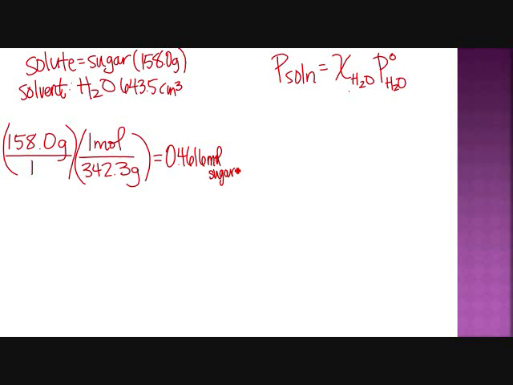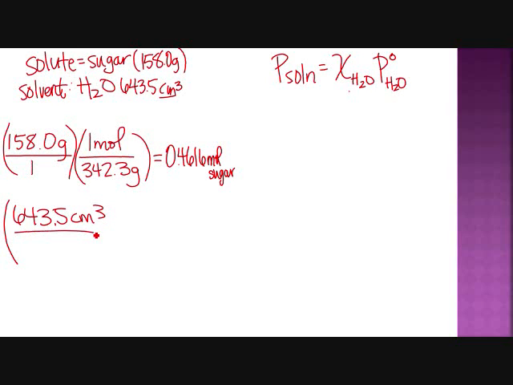Okay. And then we need to find moles of water. We are given cubic centimeters of water, and we are also given the density of water. Can we use the density to find the grams and then from the grams find the moles? Yes, that's what we have to do. So for the water, you could plug it into the density equation, but I like to do this. So this is how we're doing it on the notes.